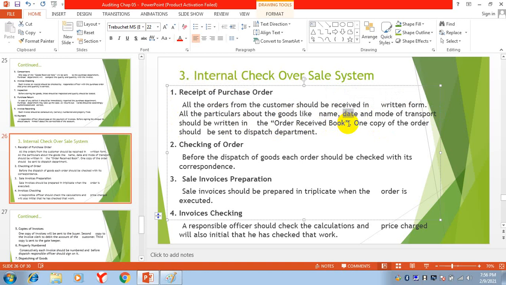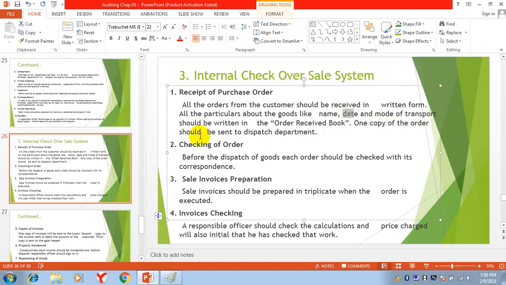There should be a proper book in which you write the name of the item, the quantity, each and everything, and the mode of transportation, how you will send these goods to the purchaser. The name of the book is order received book.